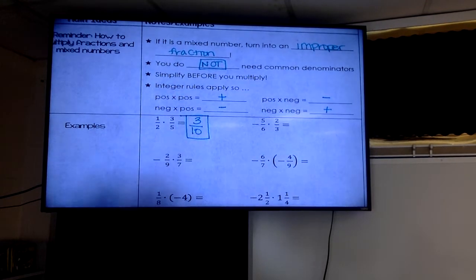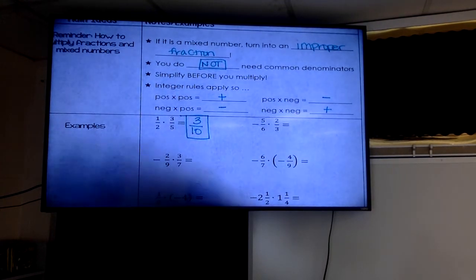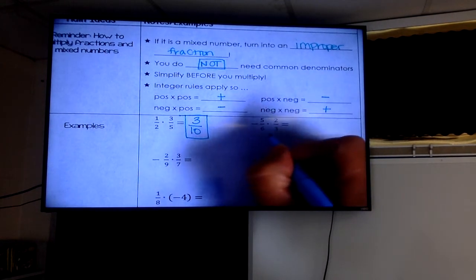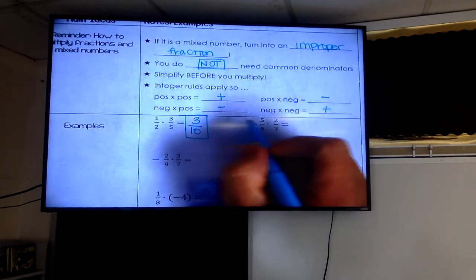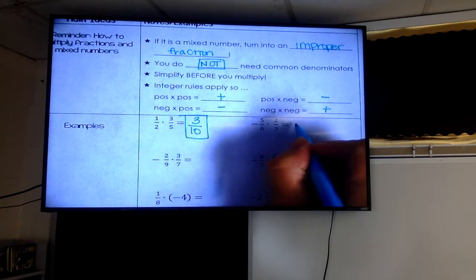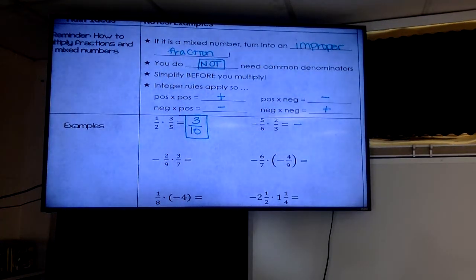That one wasn't hard because it had two positive numbers. So here I have negative 5/6 times 2/3. Whenever I multiply or divide fractions, I always decide on my sign first, write it down, and then solve. So I see a negative times a positive. My signs are different, which means my answer is going to be negative.